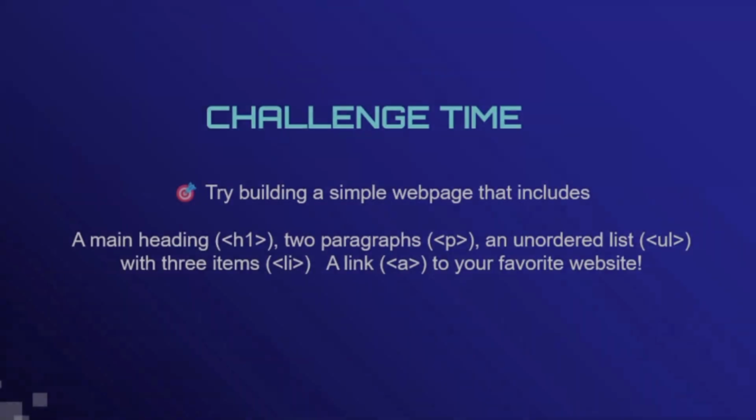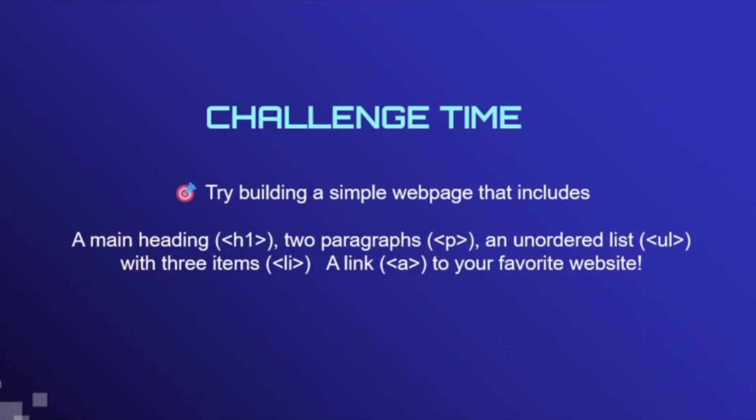Leave the anchor tag out of the challenge. In the next class, we are going to be talking more about attributes, because using the anchor tag will require you to understand how the attribute works. So never mind the anchor tag, just work on the h1, the p tag, the ul, and the li. Do this, take a screenshot, and I would love to see your progress in the comment section.